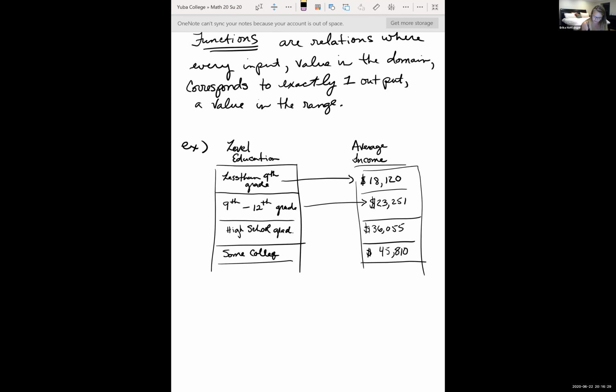And college graduate, which is $67,165. Okay, so find the domain, find the range of the relation, then determine whether the relation represents a function.